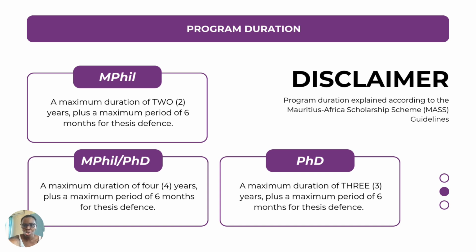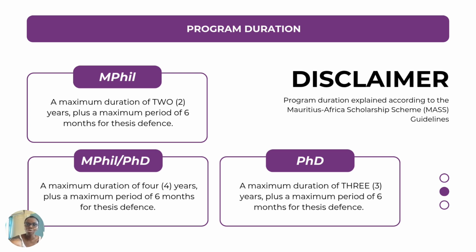These are the durations of the programs. I am explaining the programs based on the guidelines of the Mauritius Africa Scholarship Scheme. If you are applying for a different scholarship, maybe the duration might be different, but normally it's aligned. It's around this period. For MPhil, it would be 2 years, and then they give you a maximum of 6 months for your thesis defense.